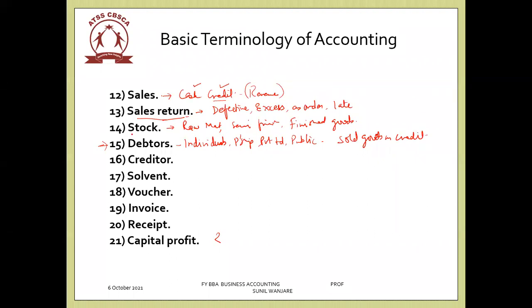So debtors are all those individuals and partnership firms, private and public companies where we're selling goods on credit to them. And that is why they're called as debtors. They will pay money, but in future, maybe after 30 days, maybe after 60 days, after 90 days. That is why they're called as debtors.